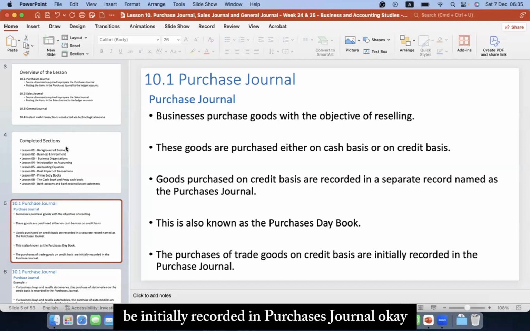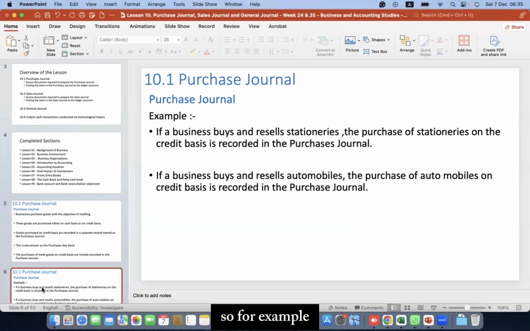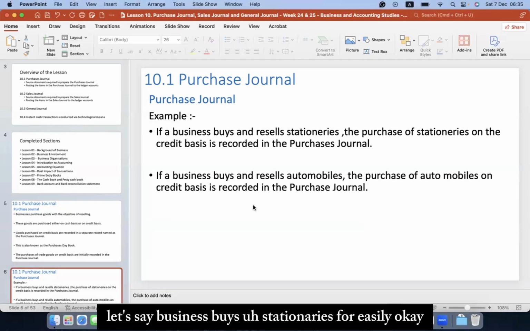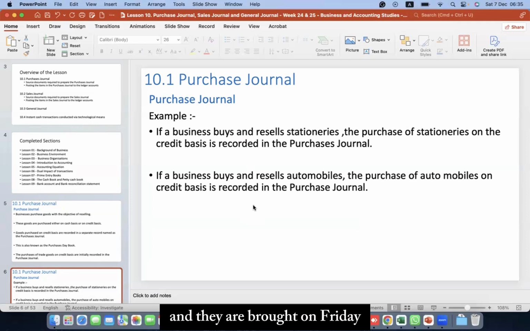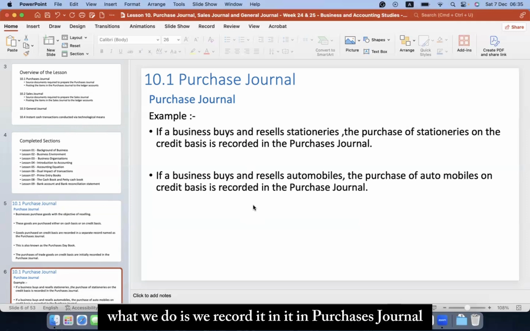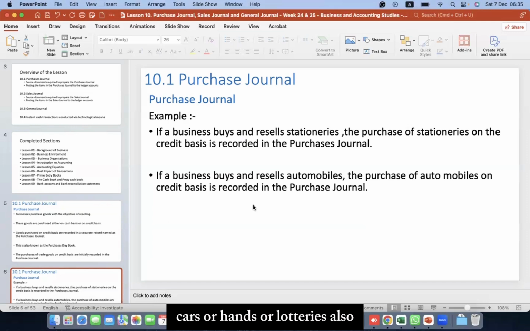purchases journal. Okay. So, for example, let's say a business buys stationeries for reselling, and they are bought on credit. What we do is we record it in purchases journal. And similarly, let's say a business buys automobiles, cars or vans or lorries, and they are buying it on credit for the purpose of reselling.